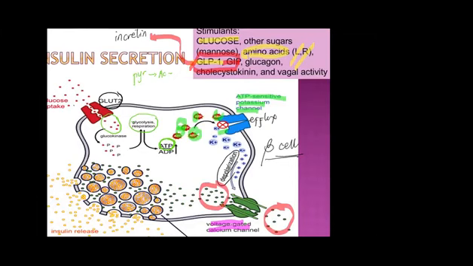And as a result, because of increased intracellular calcium, that promotes the process called exocytosis of the vesicles. Ang vesicles, ito yung mga bilog na nakikita nyo sa figure, and yaan ang storage form ng insulin.